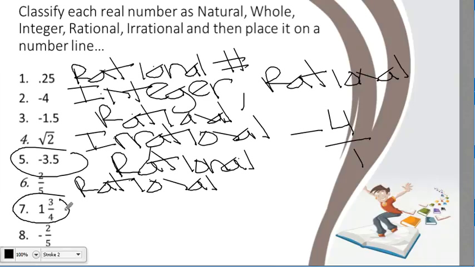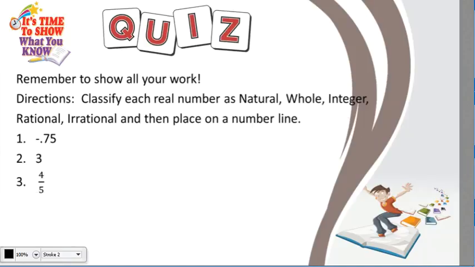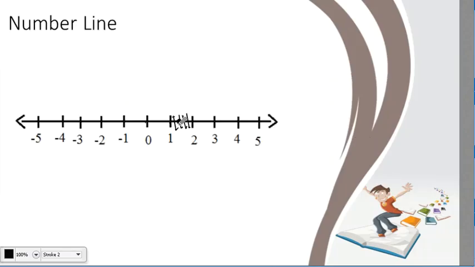Again, a rational number. 1 3/4 would be 1, and then 3/4 of the way to 2. So if this is half, right here, 3/4 would be right here. So 1 3/4.